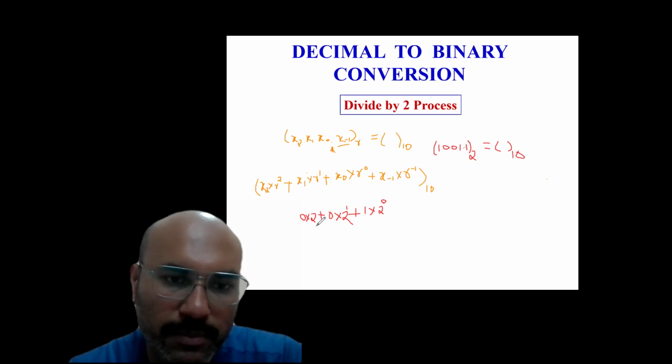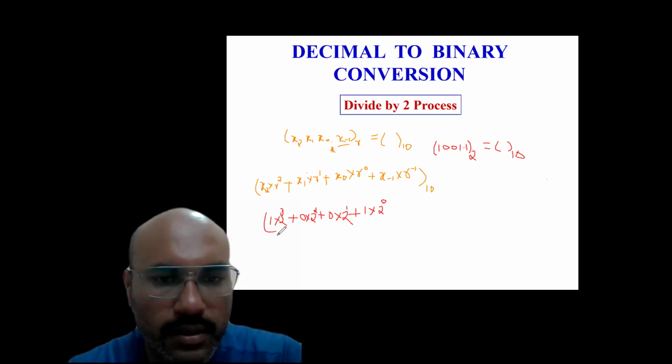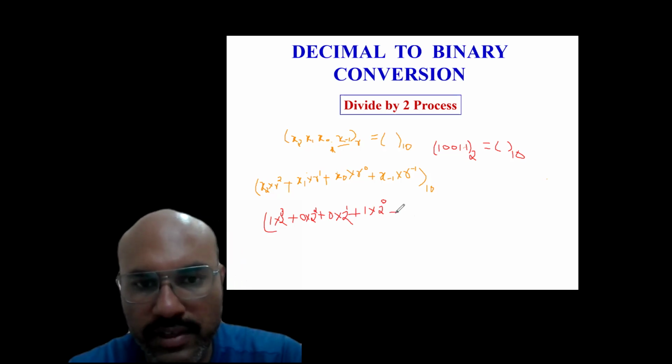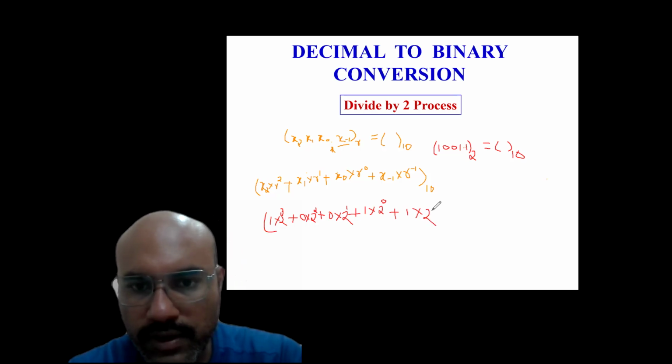That MSB will be multiplied with 2 to the power 3. Now we have decimals, so we'll add another, we have 1 here, and that will be multiplied with 2 to the power minus 1.